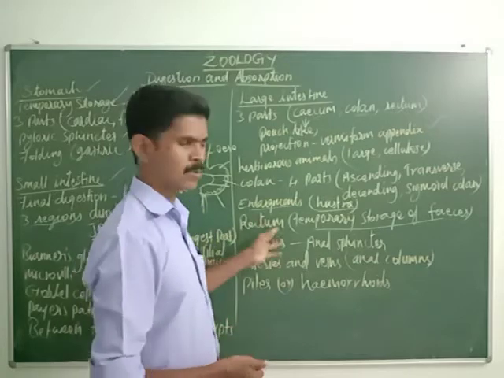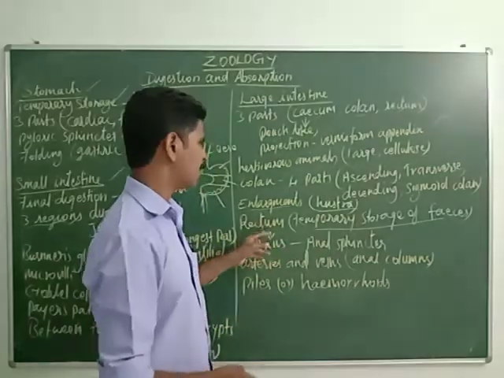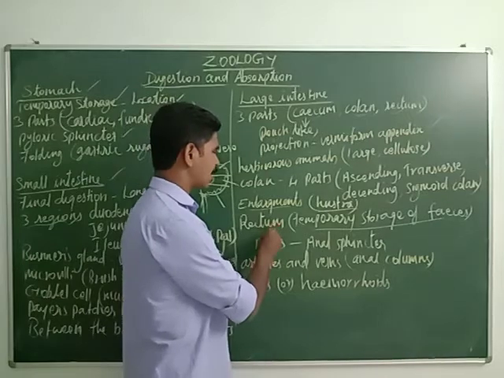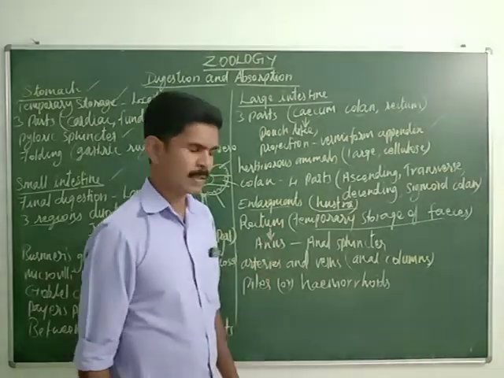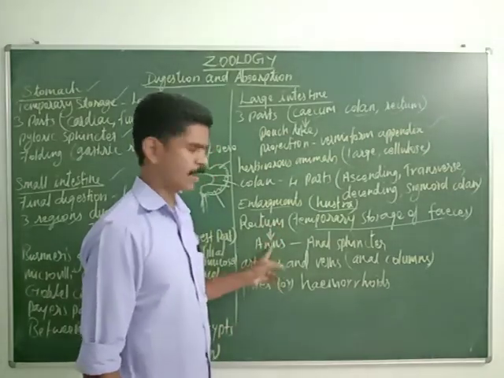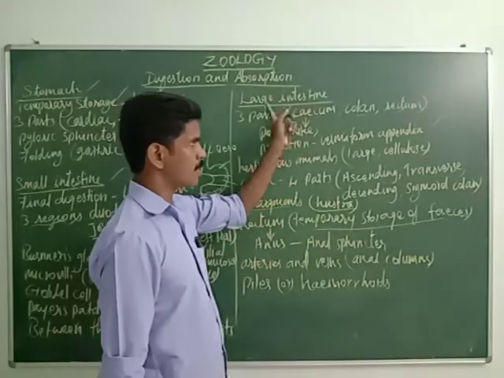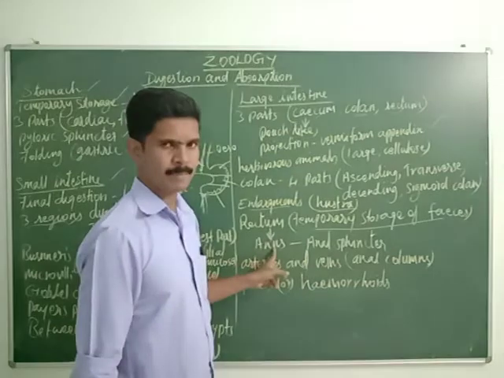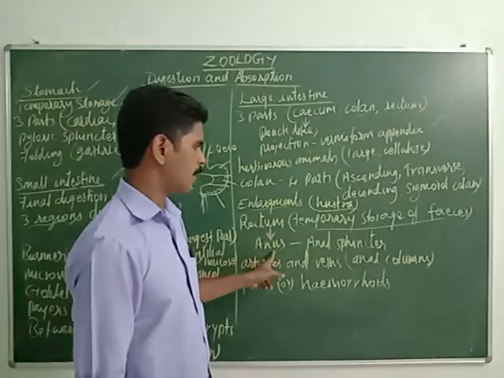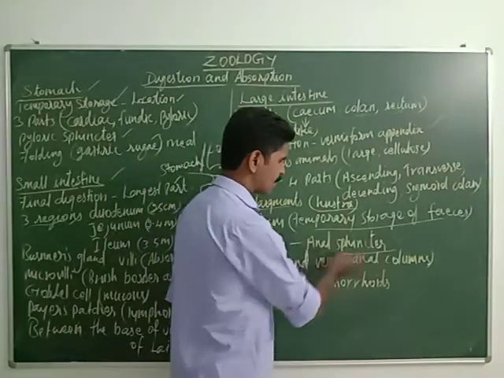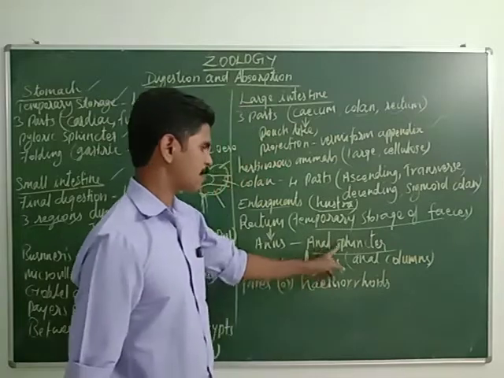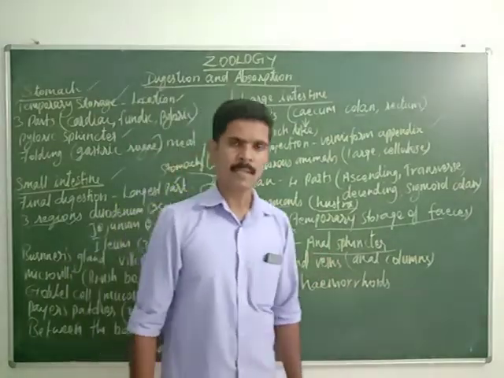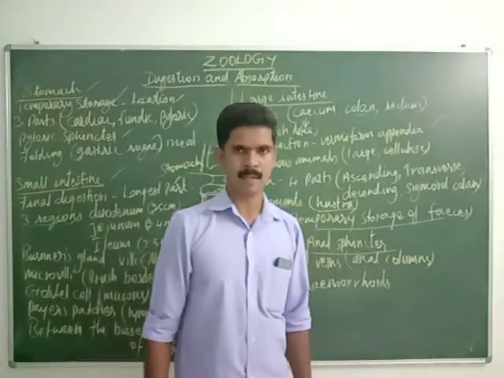So here is one more question. This rectum opens into the last part of the alimentary canal, the anus. At the opening of the anus, one more sphincter muscle is there. It is called the anal sphincter. Understand all of you?